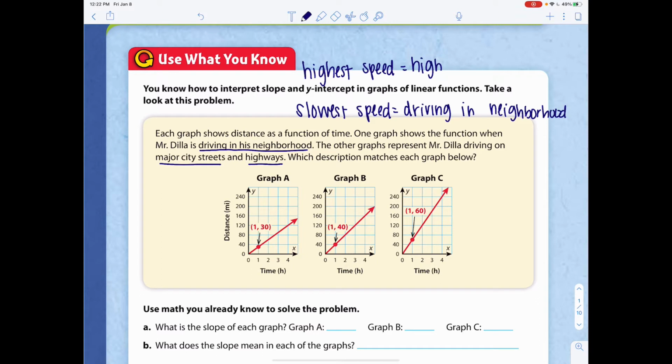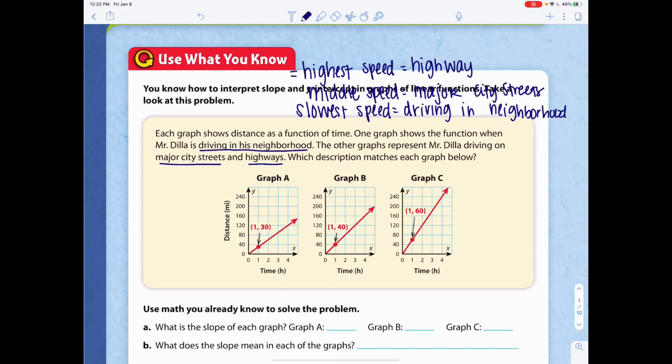Which makes the middle speed, we'll say, have to be the major city streets. Okay. All right. So the highest speed is going to be there from highest to lowest.